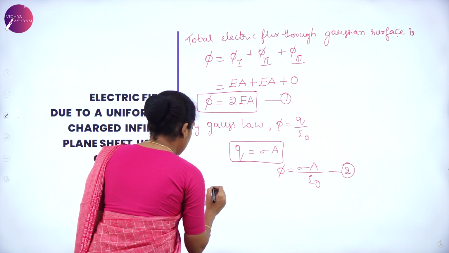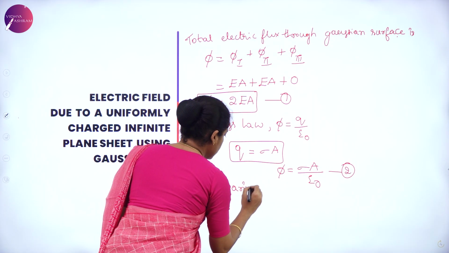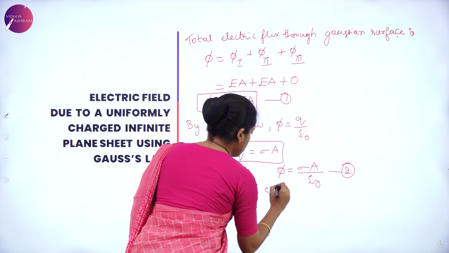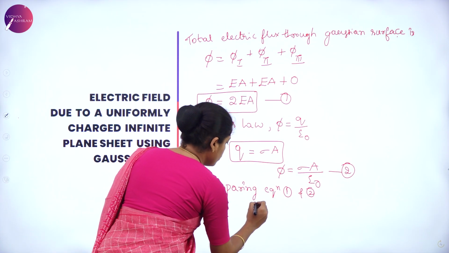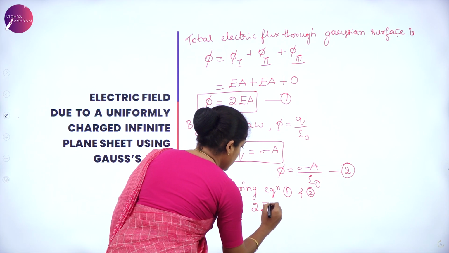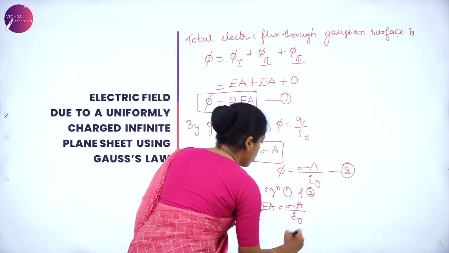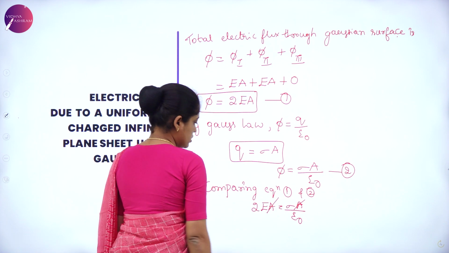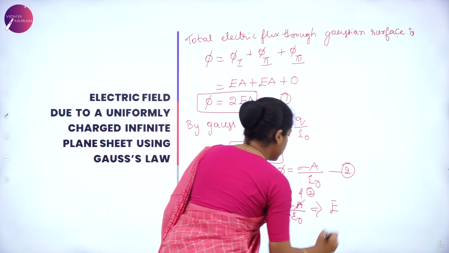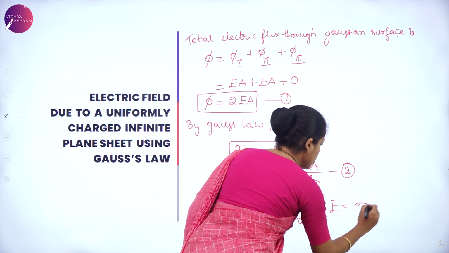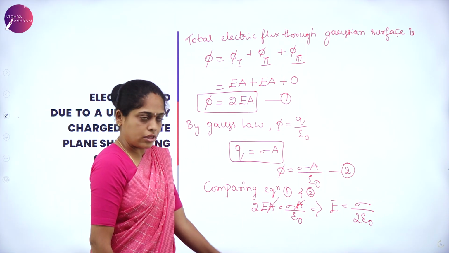Now compare equation 1 and 2. Comparing equation 1 and 2, you have 2EA is equal to sigma A by epsilon naught, where A gets cancelled, and we have the expression for the electric field as sigma by 2 epsilon naught, which represents the magnitude.